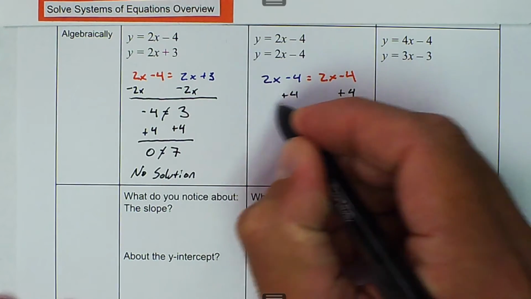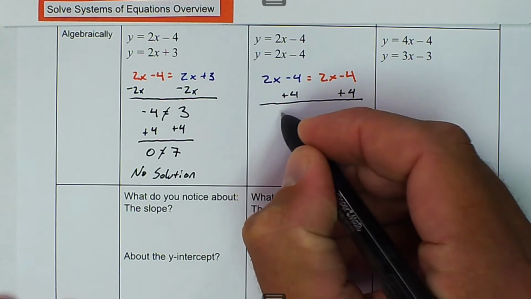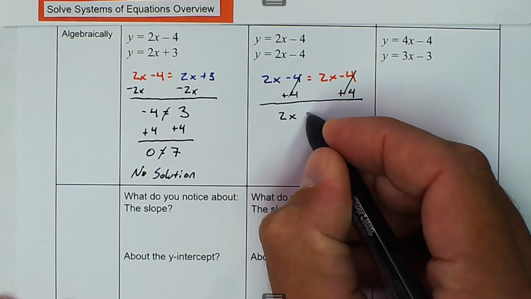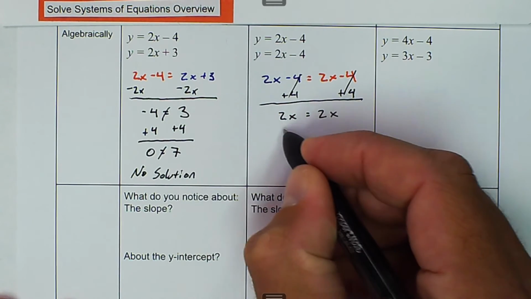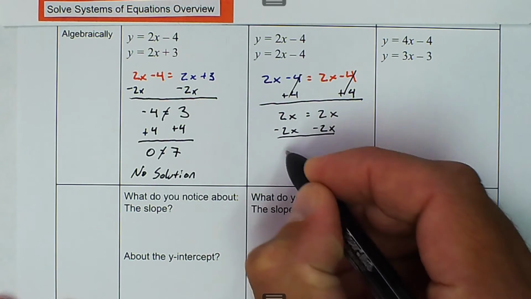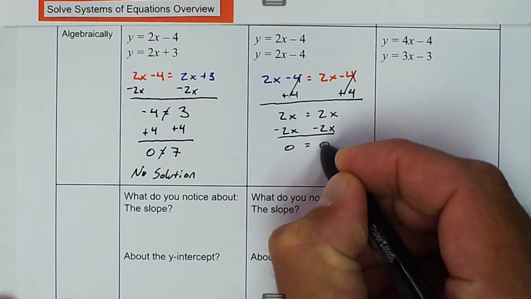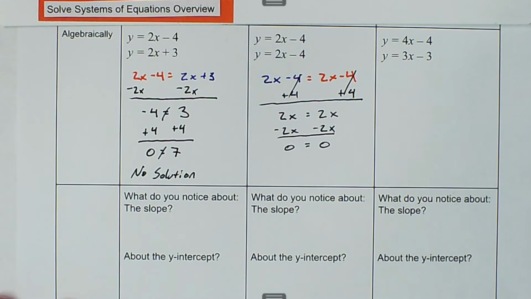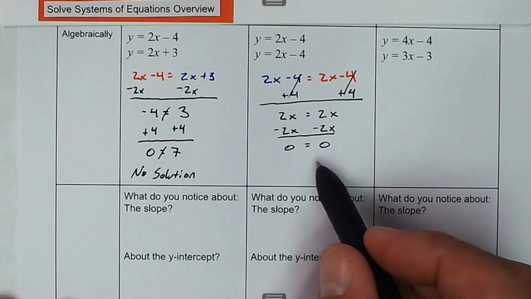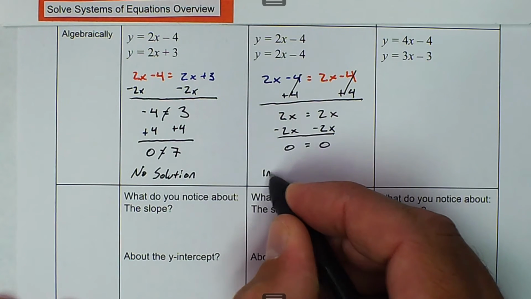So we add 4 to both sides, and then our 4's cancel, and then we're left with 2x is equal to 2x, and subtract 2x, and then we get 0 is equal to 0. So in this case, 0 is equal to 0. That is always true. So in this case, we have infinite solutions.